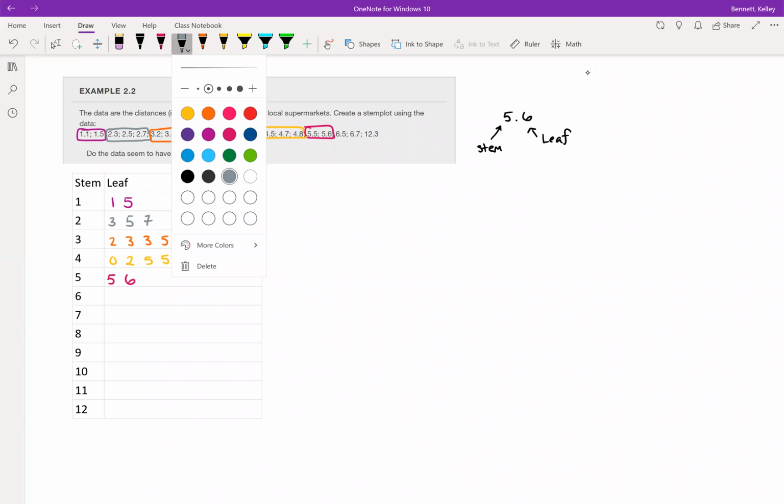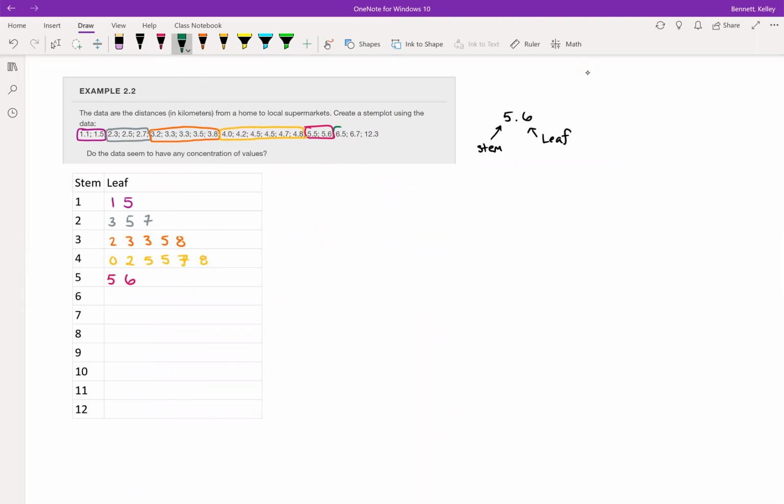And then we have the 6s, which is going to be 6.5, so I write a 5 here, and a 6.7, so I write a 7 here. Then I have nothing with 7s, 8s, 9s, 10s, or 11s. So I'm not going to write 0. If I were to write 0, say with the 8, that would mean I had the data point 8.0, and we don't have that. So just leave it blank if there's nothing there to fill in.